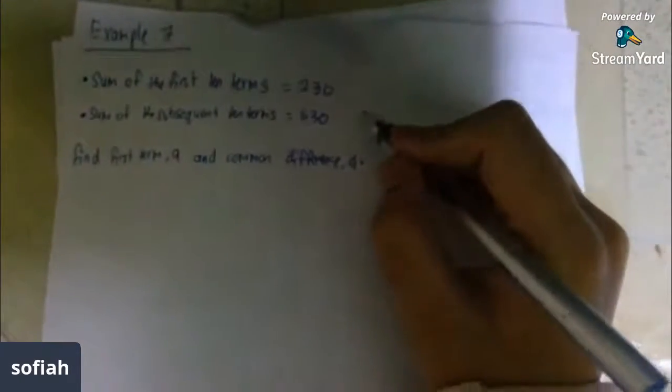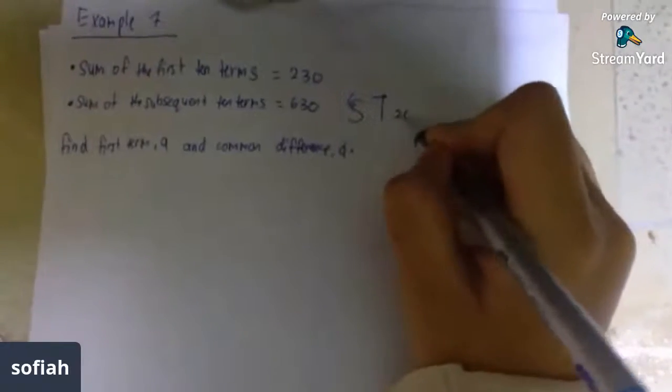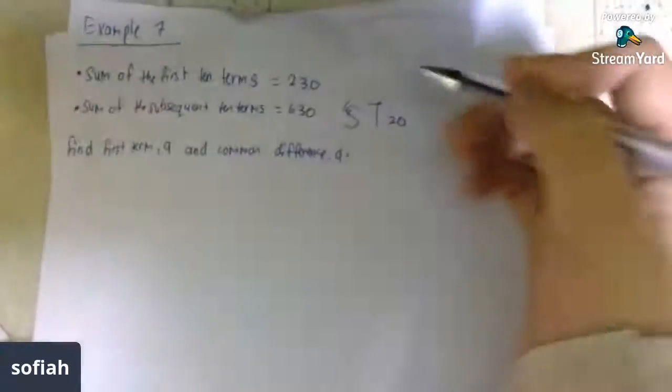Just now we have the first 10 terms, so the subsequent 10 terms means the next 10 terms after the first 10 terms. Is it actually T20?